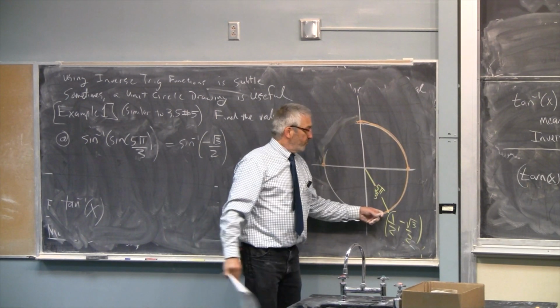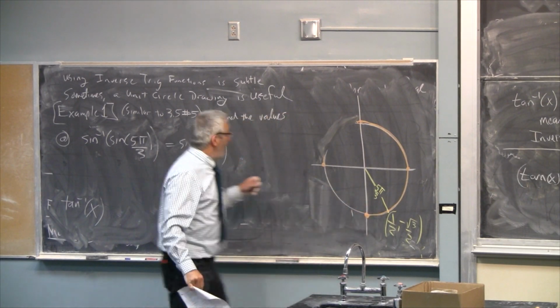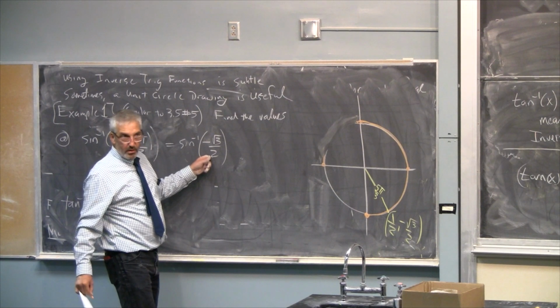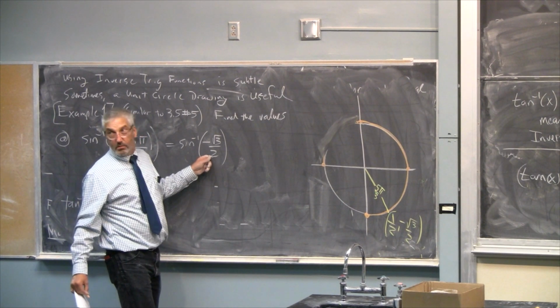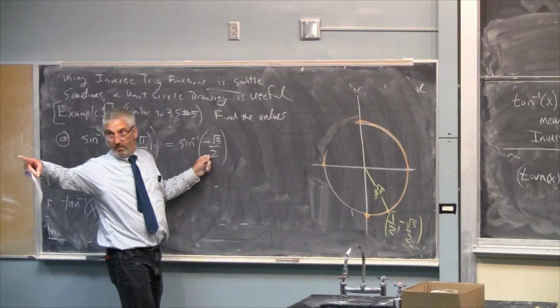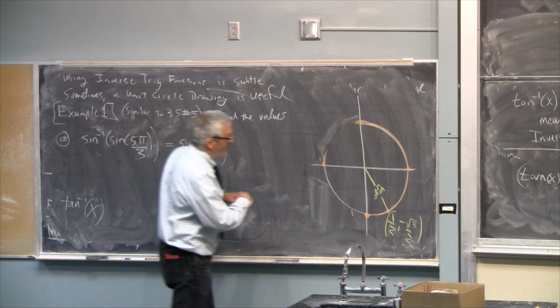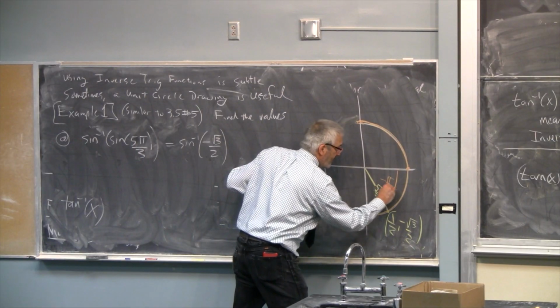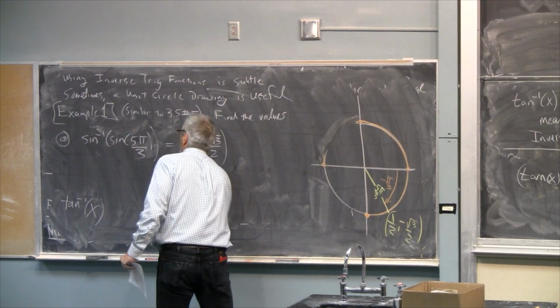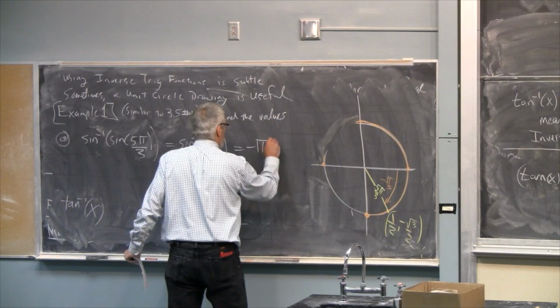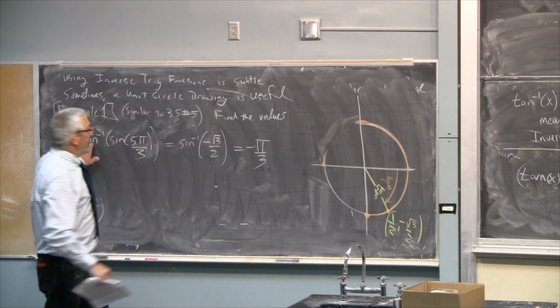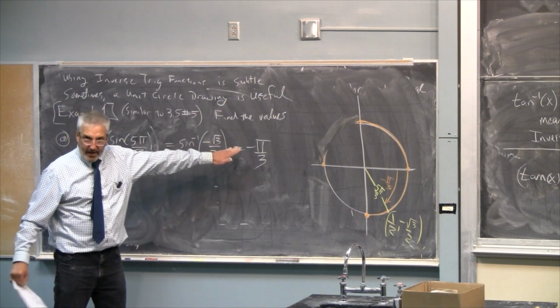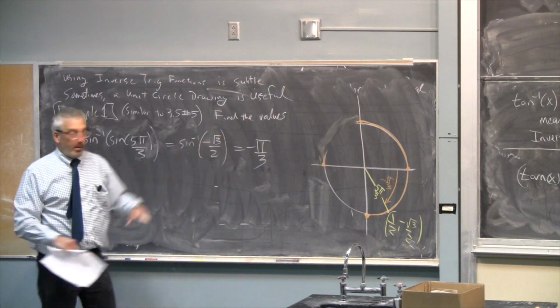So what's the orange angle that has a sine that's negative square root of 3 over 2? Exactly. So sine inverse of sine of x was not just x. It's something else because of this problem with the domain.